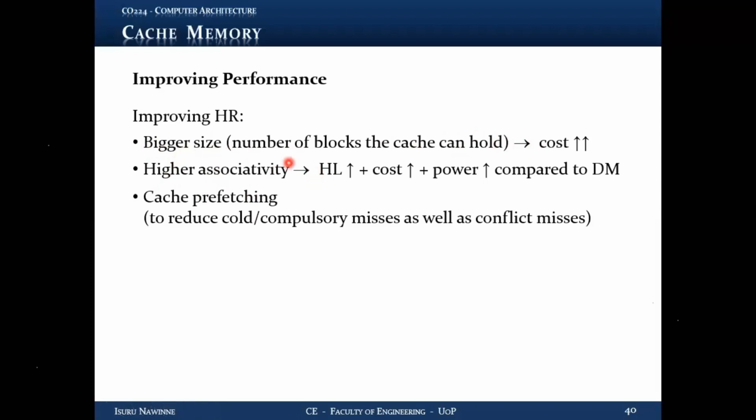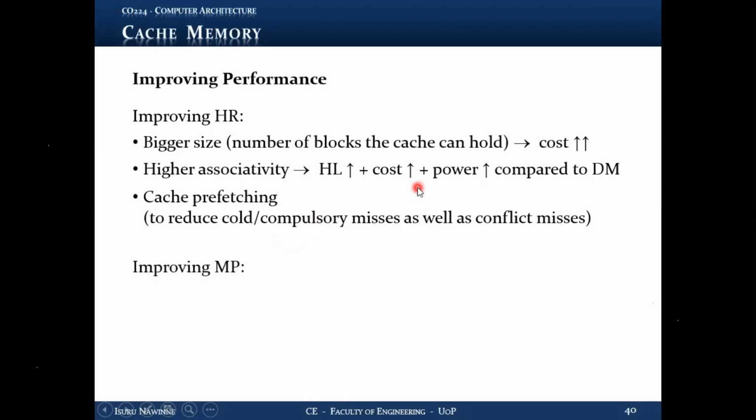We can configure the cache with the most suitable associativity to get the performance, power, cost trade-off that you want as a designer, as an engineer. Other mechanisms, like cache prefetching, can be used to improve performance, again at the cost of power and cost, because you are adding more and more hardware into the design, right?